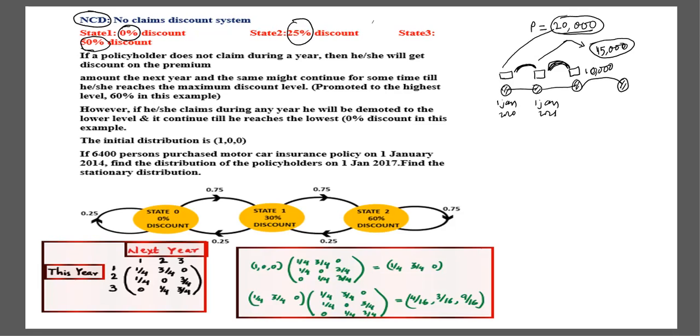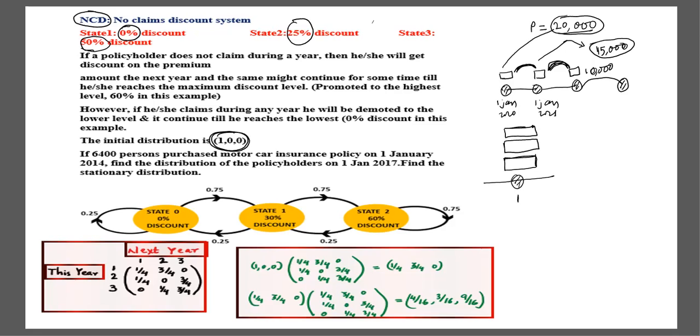And the initial distribution is given here, 100. Why 100? It should always be 100, because the first time, suppose there are 10,000 policyholders who have taken the car insurance policy.